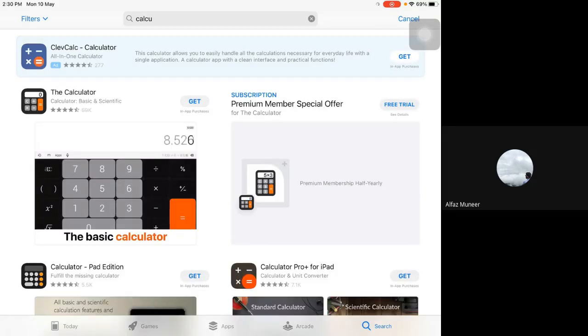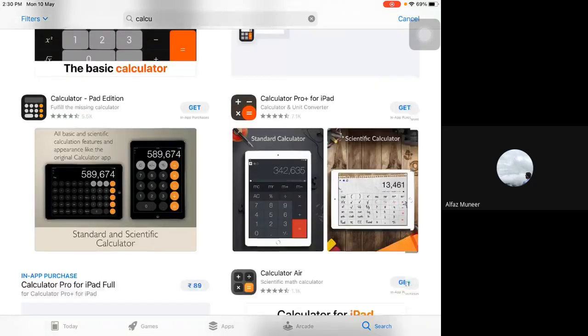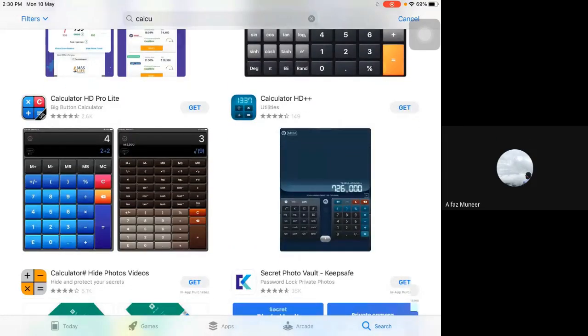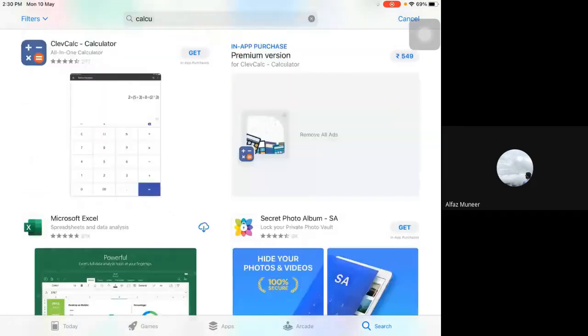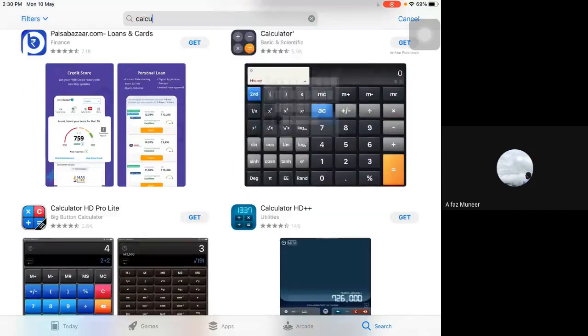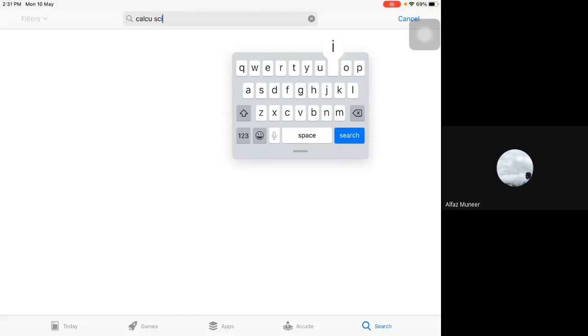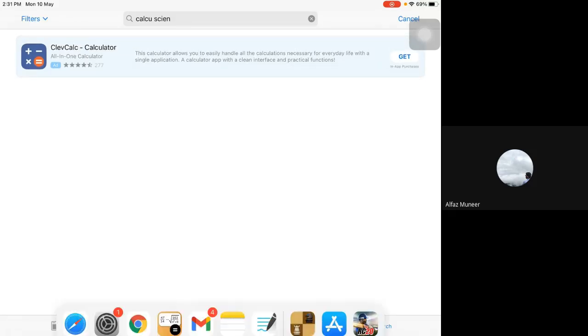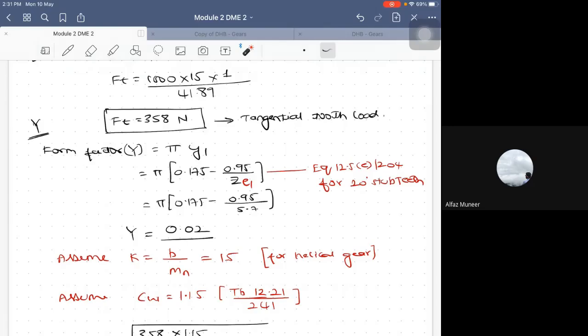So why is there a difference again? Why is there a difference in the value?